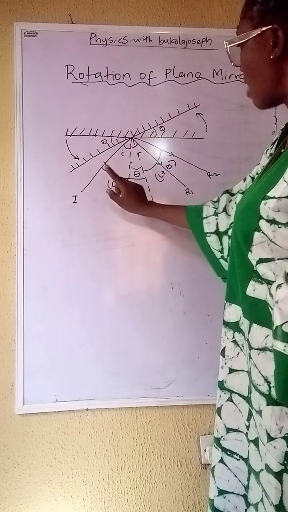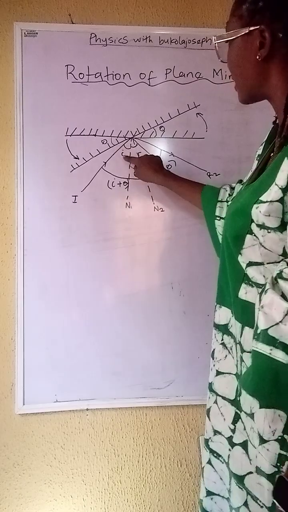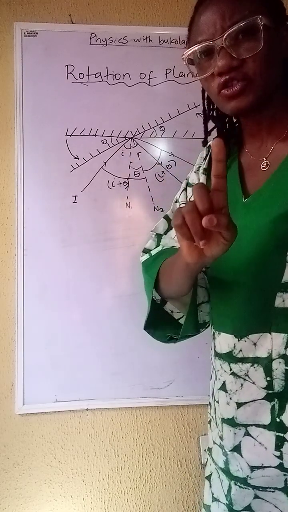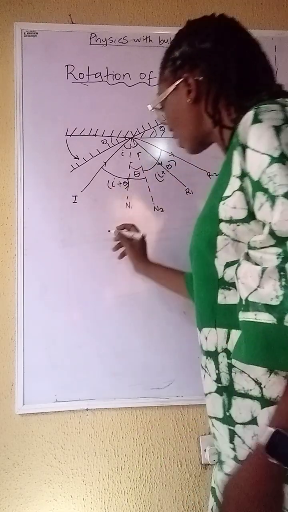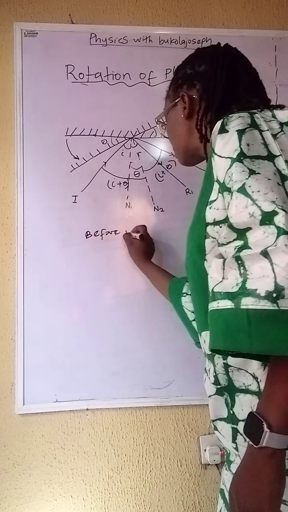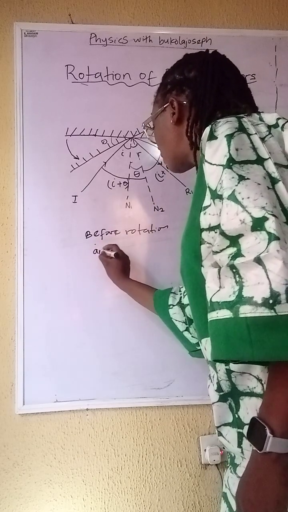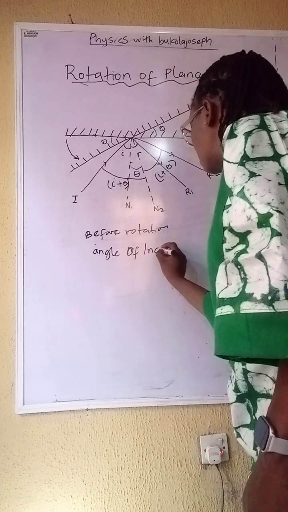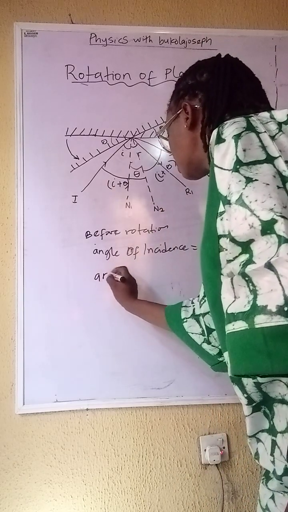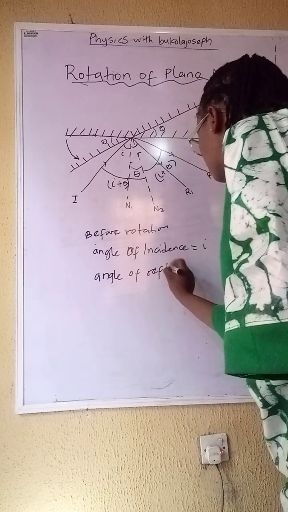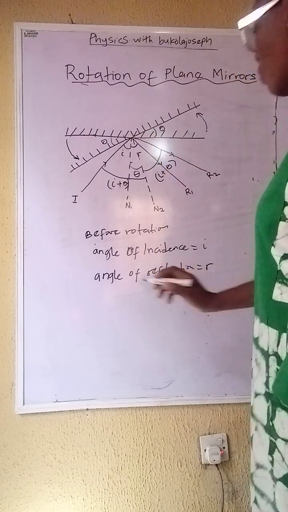The angle of incidence before rotation is simply I, and the angle of reflection before rotation is simply R. Now, what of after rotation?